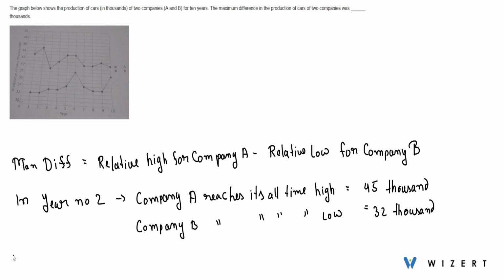Therefore, the maximum difference in the production of the two companies is obtained in year number 2, which equals 45,000 minus 32,000, which equals 13,000.